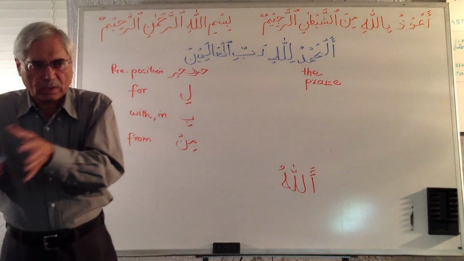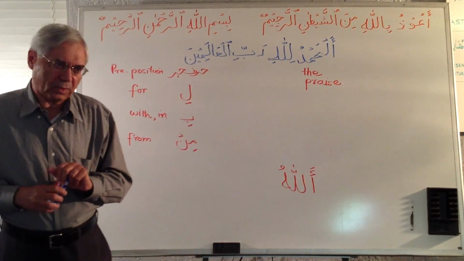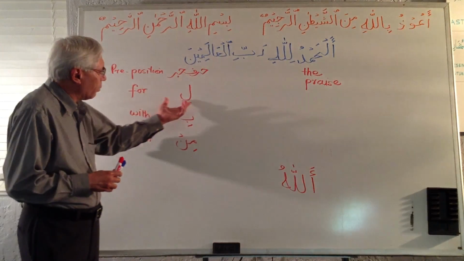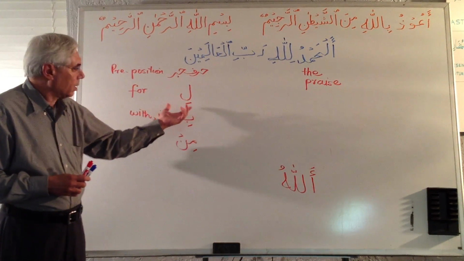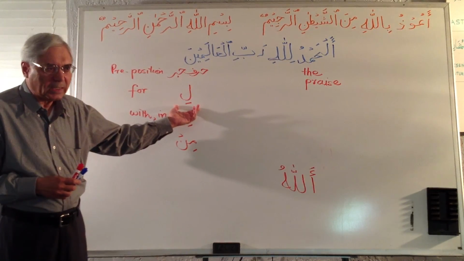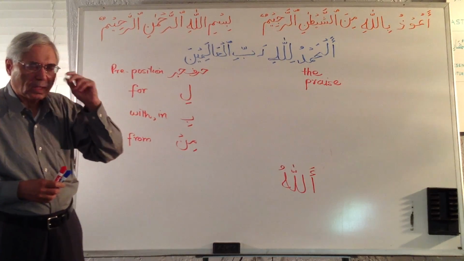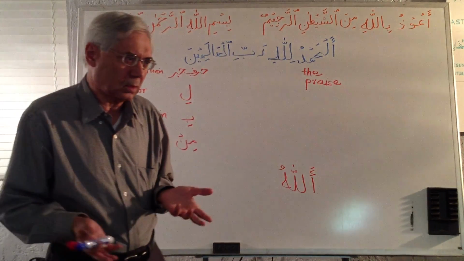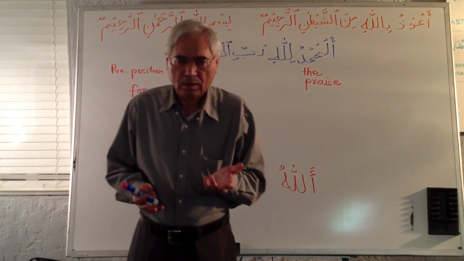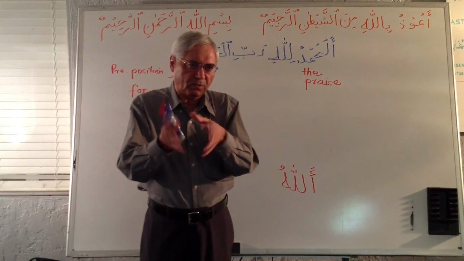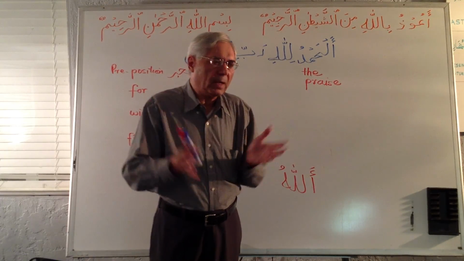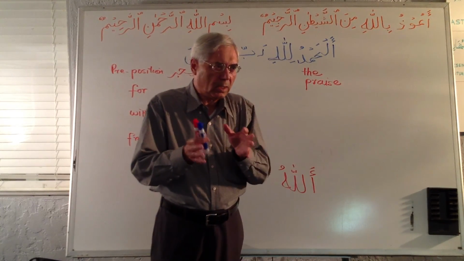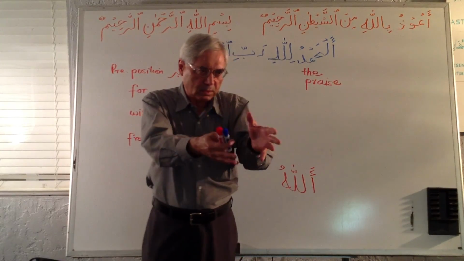So I just put the word "for" and "country" after that. We can do the same thing. Take the word li, which means "for," and combine it with the word Allah, and it will be "for Allah." In English, we simply take "for" and "Allah" and combine them, or "for God."